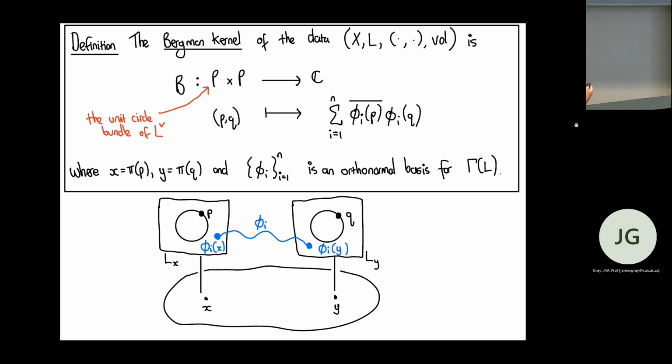let's just be clear here. The way that I'm interpreting it here is I'm wanting to still think of it as a function. So what is B a function of? It's a function of two variables. Those two variables are nicely thought of as living on the unit circles at each point. So for every pair of points x and y, above x I've got the one-dimensional complex vector space associated with x, and living inside there is the unit circle.